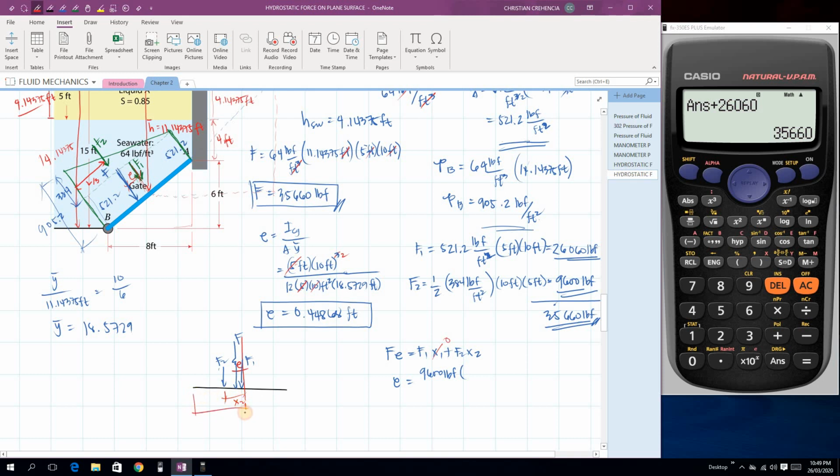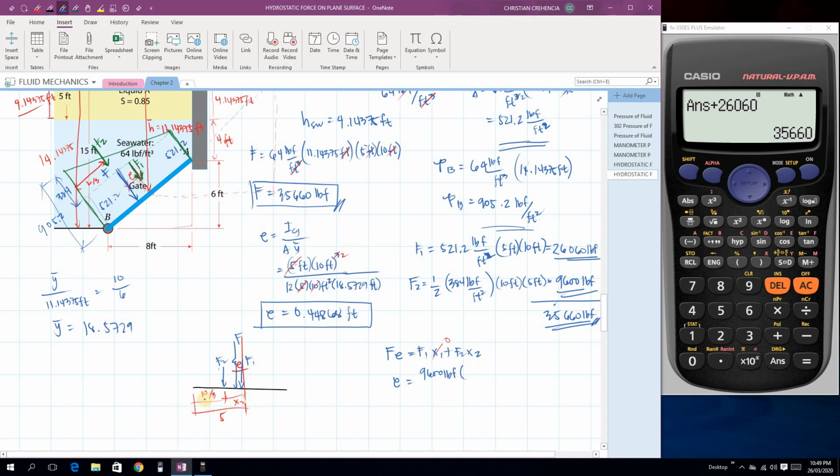Pero since triangular yung load, alam natin na ito is 10 over 3. This is 5. Then L over 3, 10 over 3, 2/3 nung 10 yung kabilang sides. Okay. Pero from the centroid, ito is 5. So yung distance nung F2 natin is 5 feet.